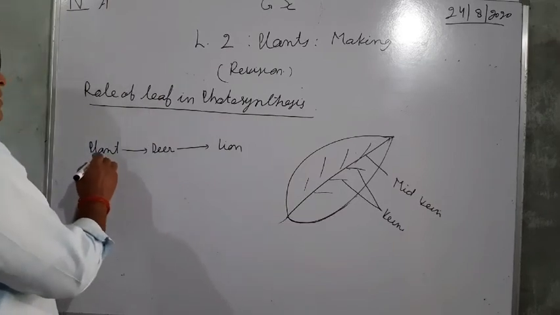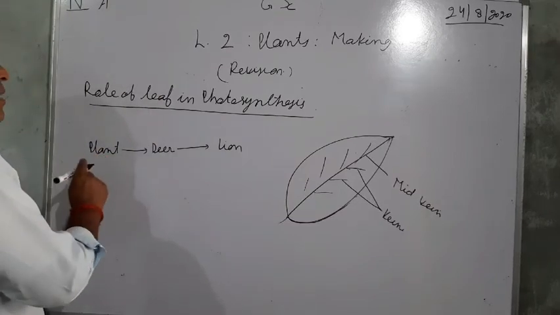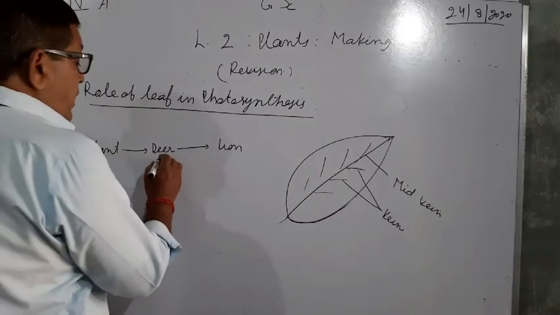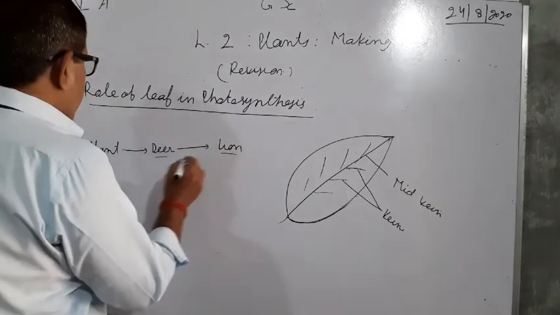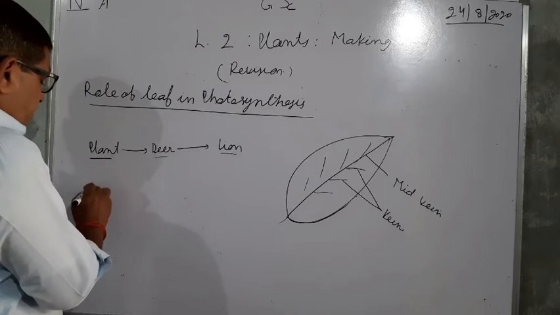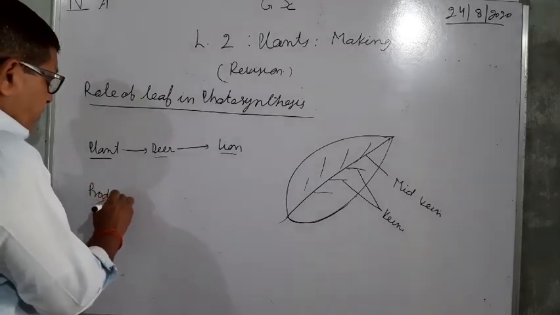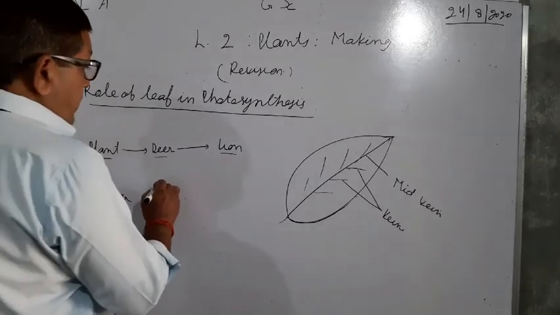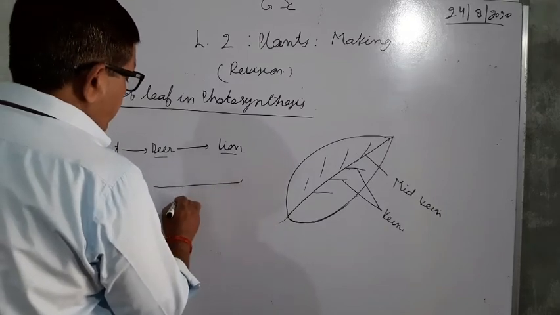So here the plant is the producer, the deer is herbivorous, and the lion is carnivorous. The plant is called the producer, and these are called the consumers.